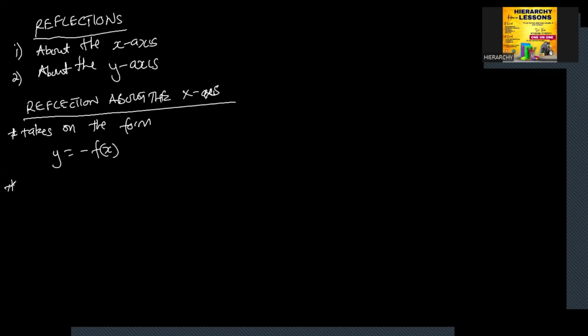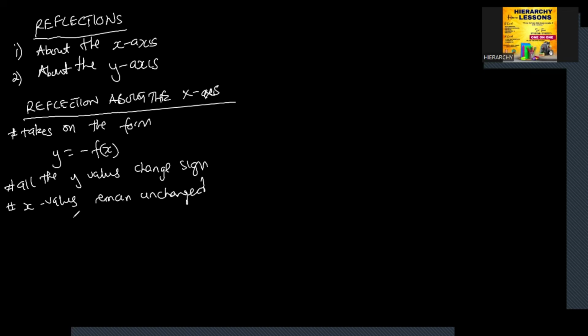This means all the y values change sign, and the x values remain unchanged. The x values remain unchanged, but all the y values are the ones which change sign.